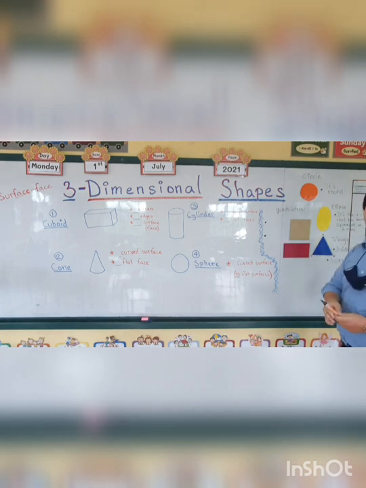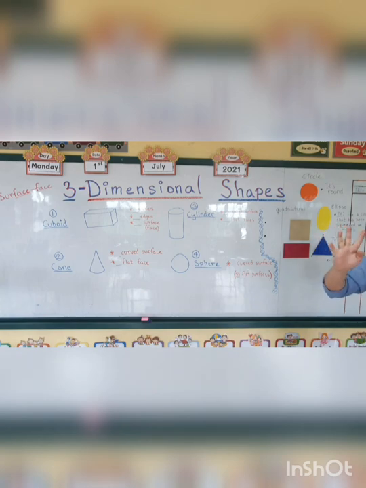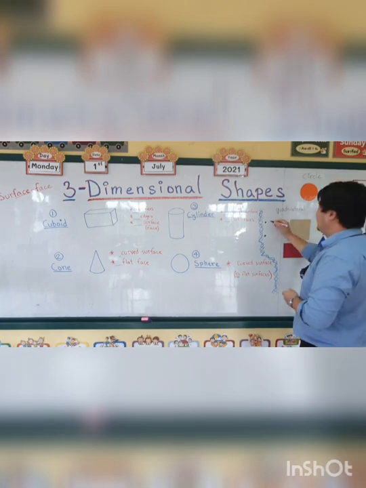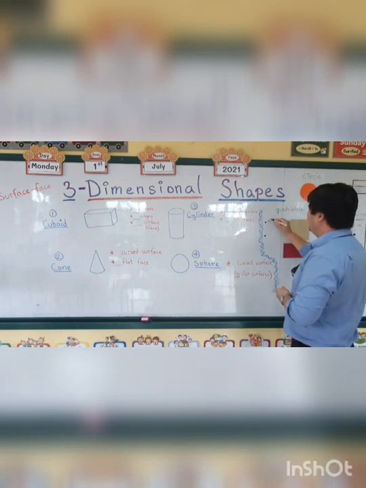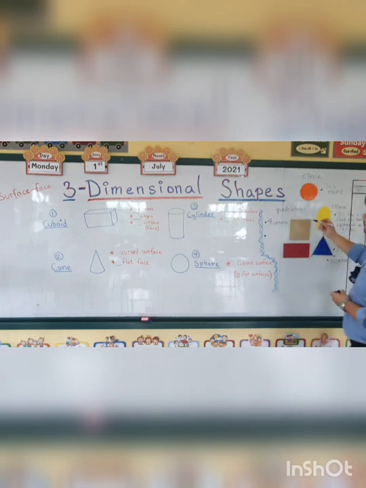Now, what about the quadrilateral? What is the criteria for a shape to be a quadrilateral? Anyone? Yes? Oh, four what? Four corners. That is correct. So let's count corners.